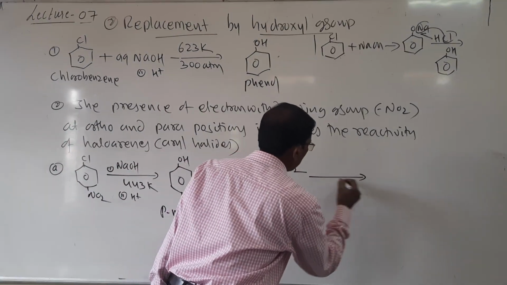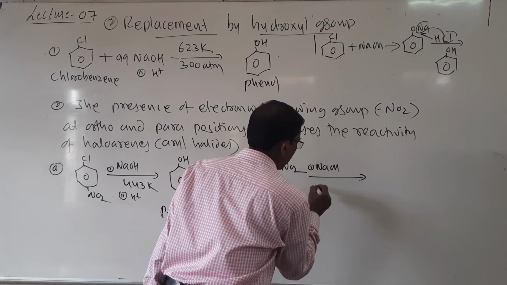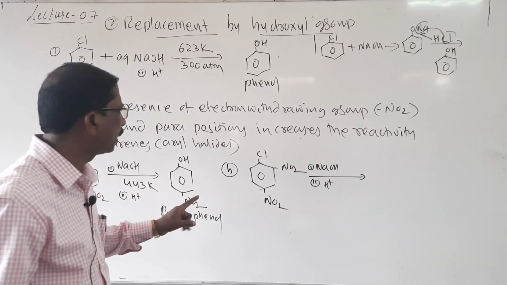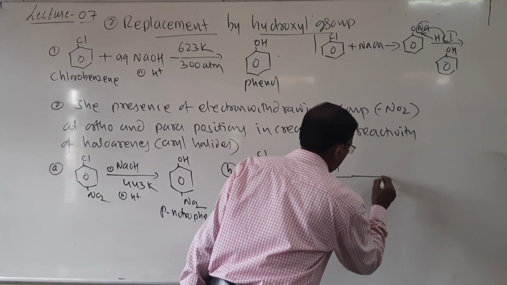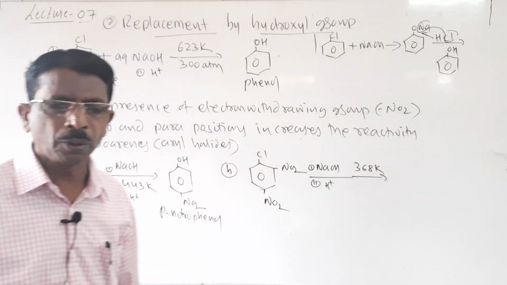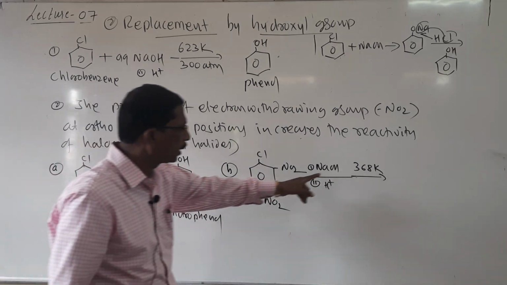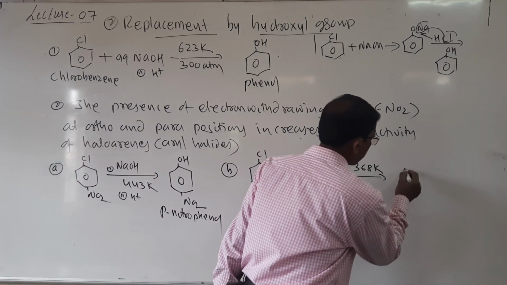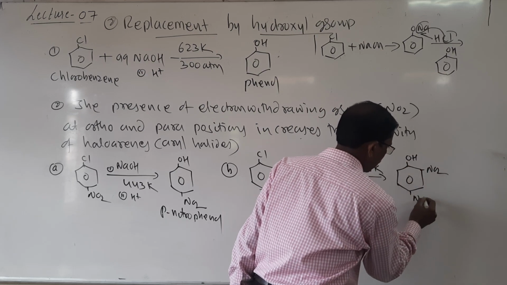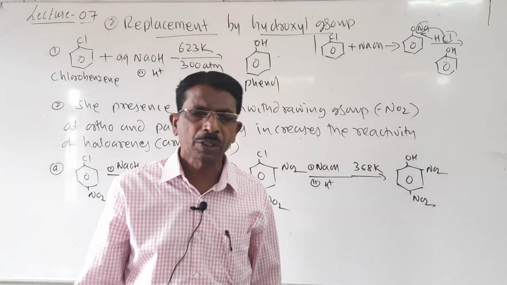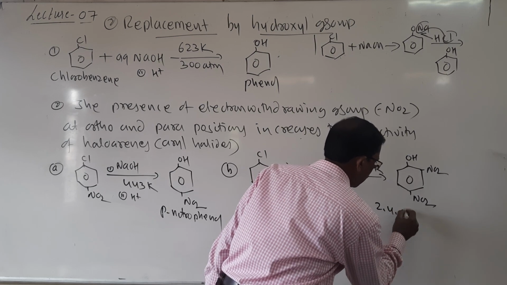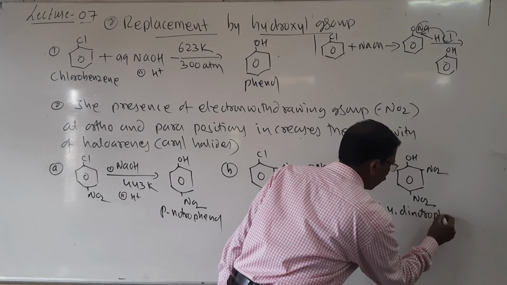When it is treated with NaOH and then acidified, the temperature reduces again, to 368 Kelvin. Look here students, the temperature is reduced from 443 to 368 Kelvin, and it forms the product with OH, NO2 and NO2. It is called 2,4-dinitrophenol.